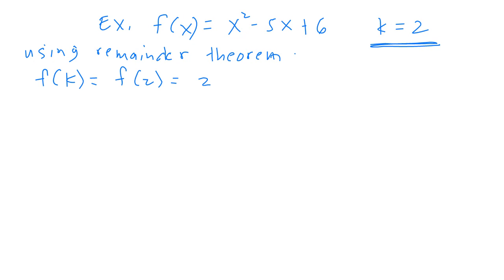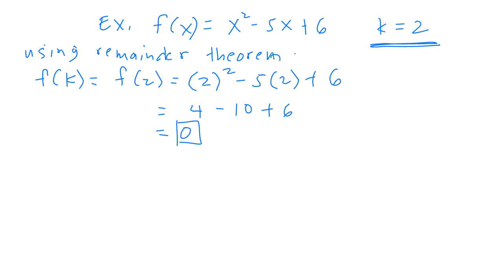So replacing x with 2, that's 2 power 2 minus 5 times 2 plus 6. And here we can have 4 minus 10 plus 6. 4 minus 10 is negative 6, plus 6 is a 0. So this is our remainder.